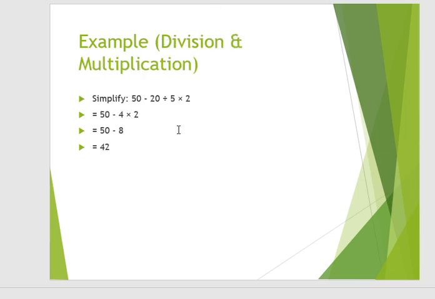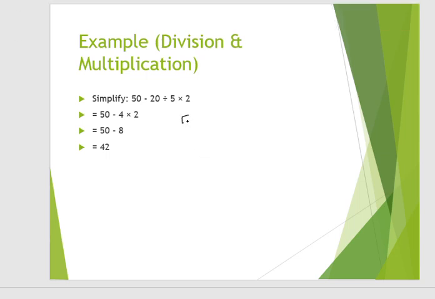Next one is multiplication and division having the same priority. Just now I explained in the previous example, 50 minus 20 divided by 5 into 2. I told you if you multiply first, it is going to give you the wrong answer. So first of all, we have to divide.